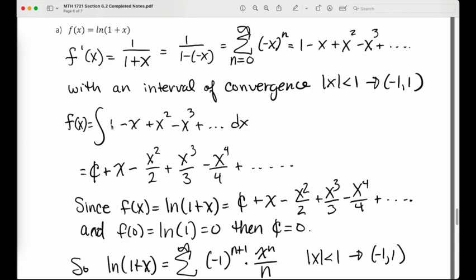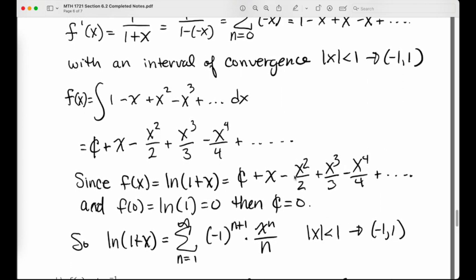So let's see. When I integrate this, I get x, and then I get minus x squared over 2 plus x to the third over 3 minus x to the fourth over 4 plus ... Now you'll notice that we're going to start putting our constants in the front when we're dealing with infinite polynomials because we have this ... to show that it continues on forever.